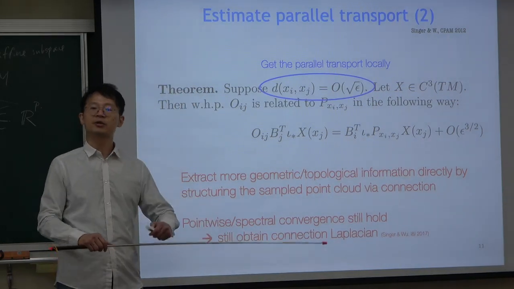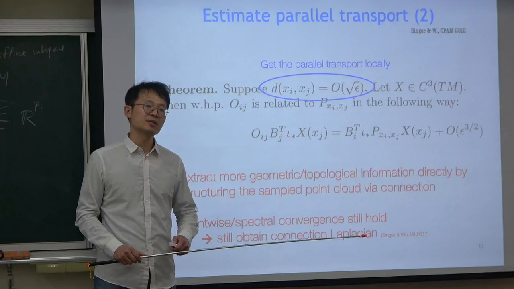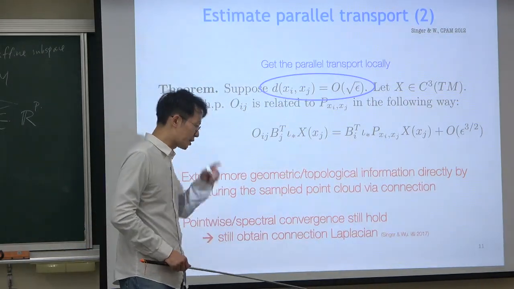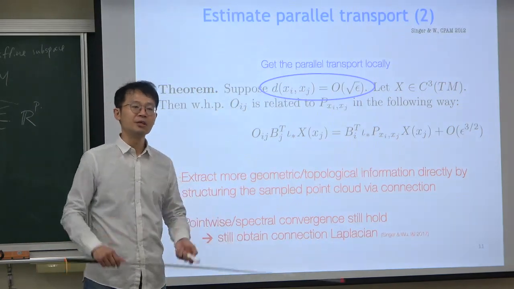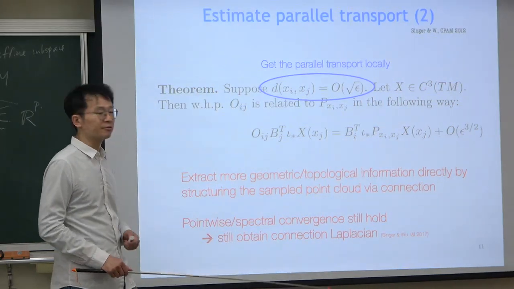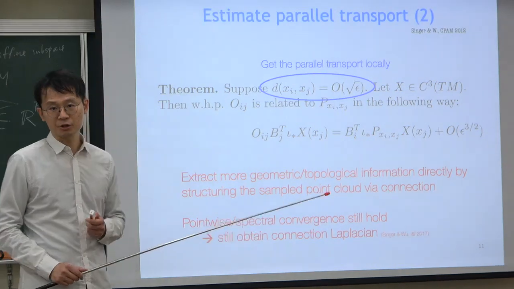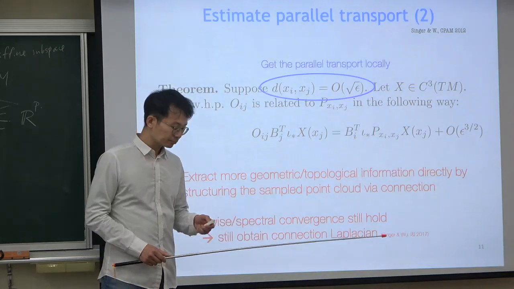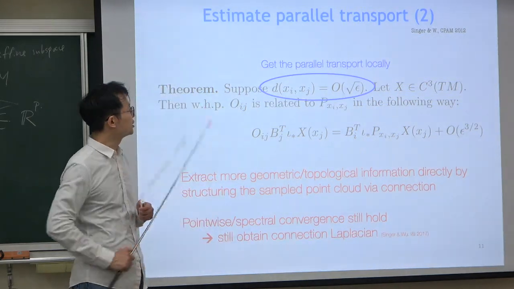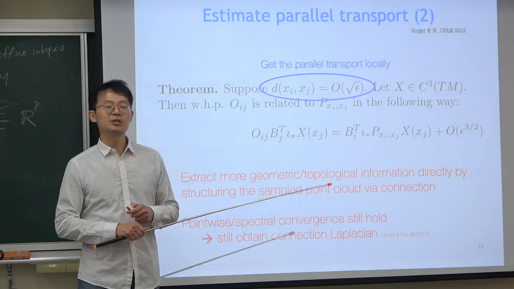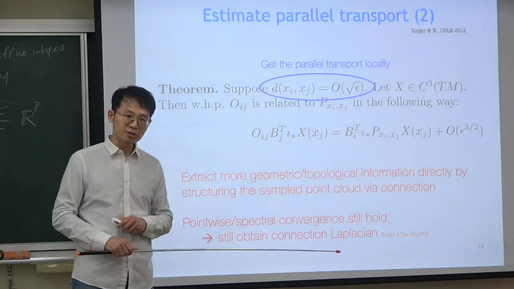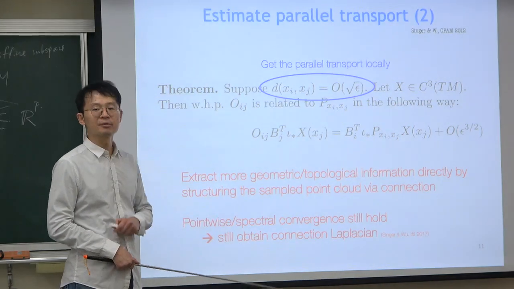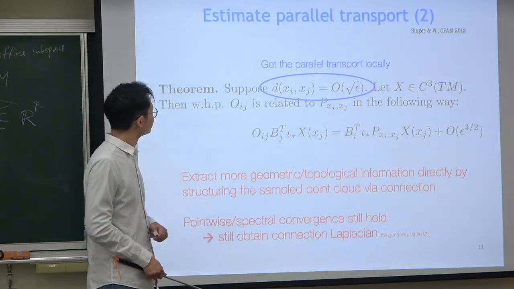And once you get the connection Laplacian, you can get several useful pieces of information. For example, you can get the most parallel vector fields, you can use the Bochner formula to get the Hodge Laplacian if you can estimate the Ricci curvature, and so on. And you can generalize the whole idea to general principal bundles, vector fields, and forms to help you access some topological information. And we will see more information later.